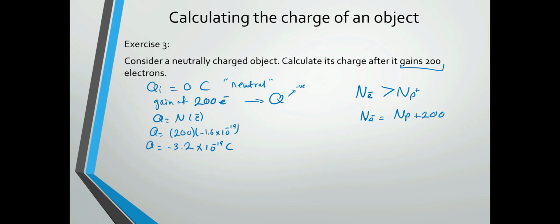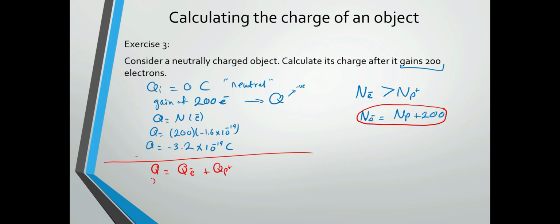Okay, I will solve it in a different way. We will apply that the charge of an object is equal to the charge of electrons in this object plus the charge of protons on this object. I will use this relation now.